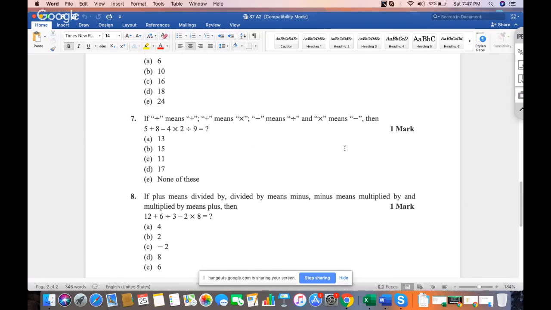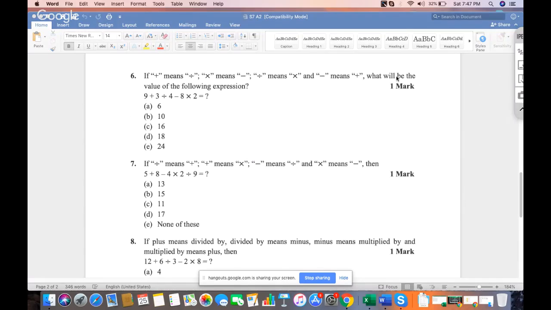So positive means division. So first of all, positive only is there. So 9 division 3. Division means multiplication. So 3 division 4. Negative means plus.